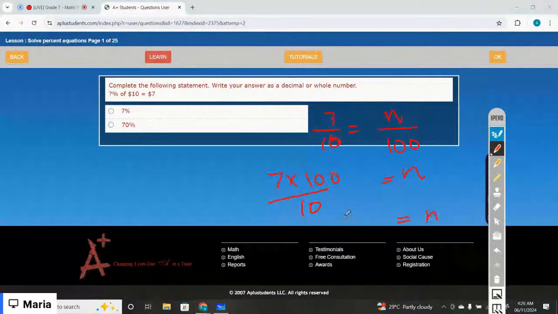So n equals 70. That is 70%. Got it? So the correct option is 70%, right? Let's just move on to the next question.